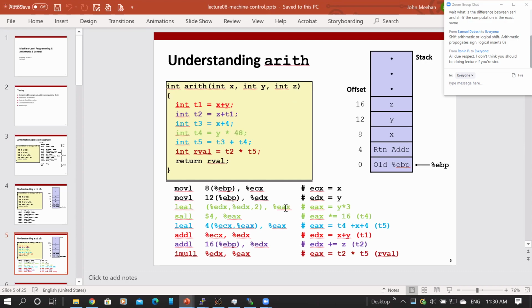So now we have the Y parameter multiplied by 3, and now we do a shift arithmetic left long word 4 positions, which is multiplying by 16. So here we multiplied it by 3, here we multiplied it by 16. That effectively is multiplying it by 48, accomplishing the green statement in our C code.